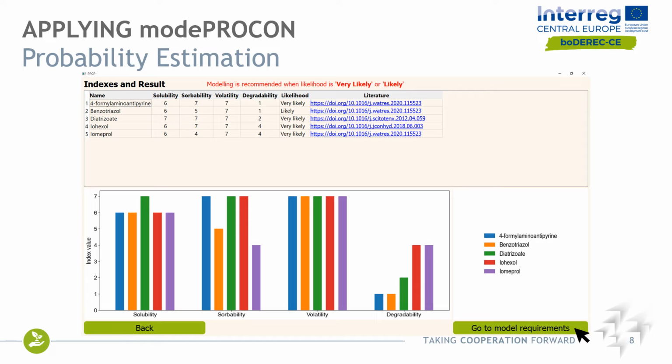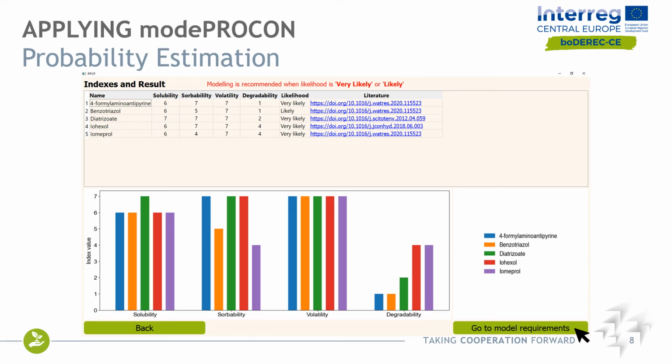In this case, it's very likely to detect 4-phenylamino antipyrine, diatrizoate, iohexol, and iomeprol. To detect benzotriazole, it is likely. This can be explained as all these compounds are very soluble and little volatile.